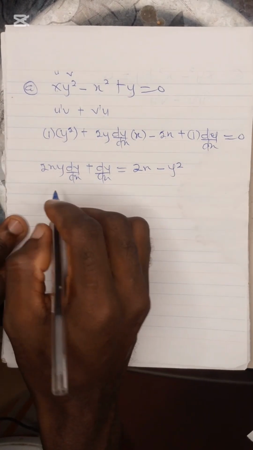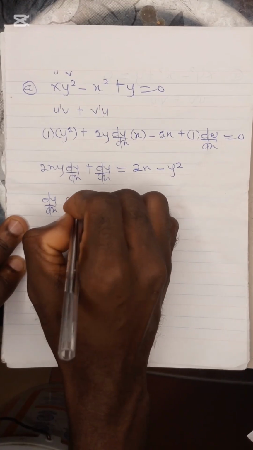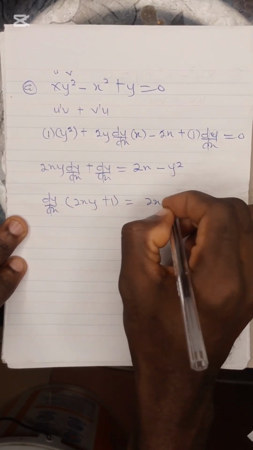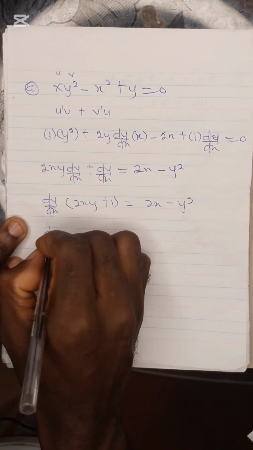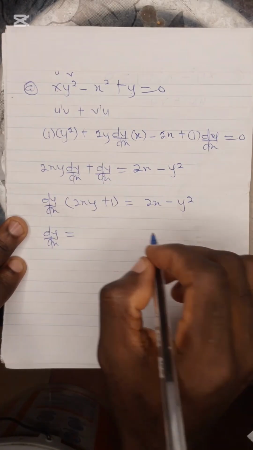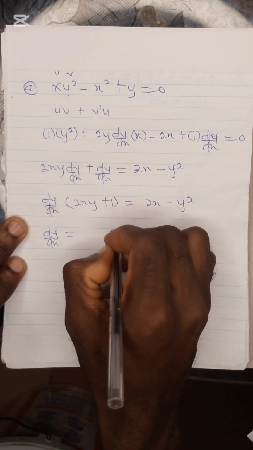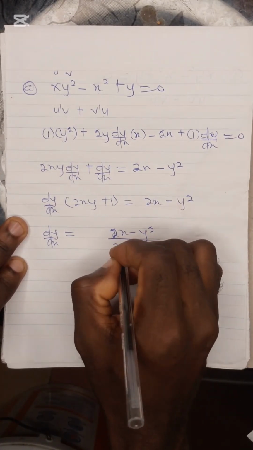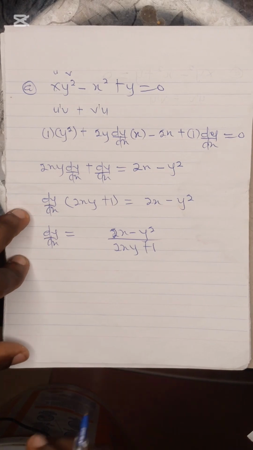Then we factor dy/dx out: dy/dx times 2xy plus 1 is equal to 2x minus y squared. So dy/dx is equal to 2x minus y squared divided by 2xy plus 1. And we are done with our differential.